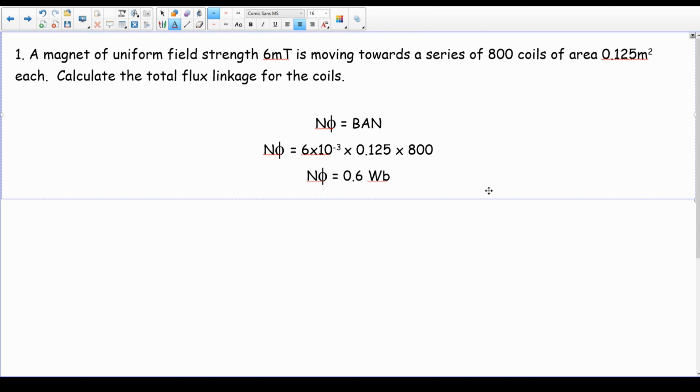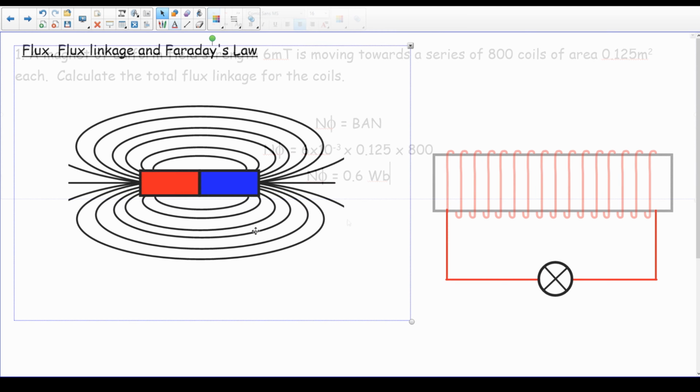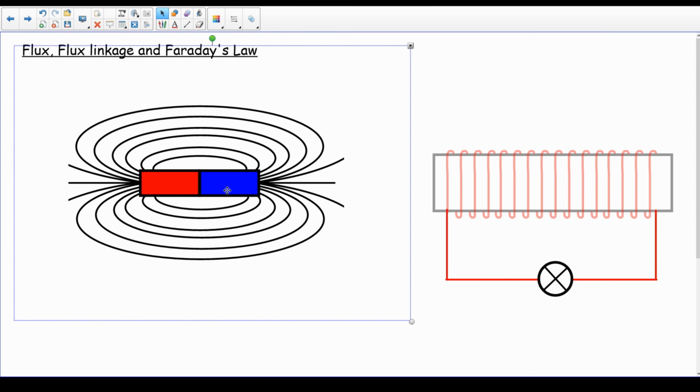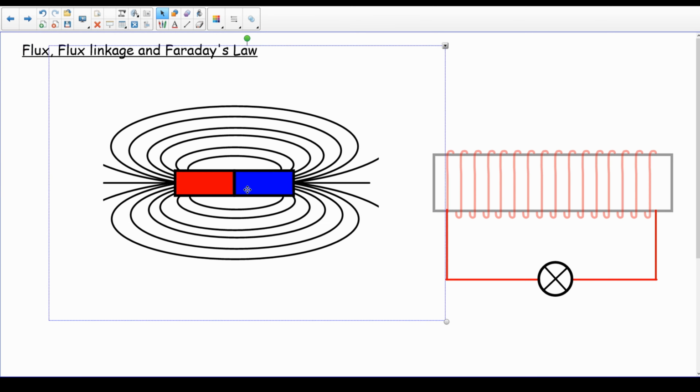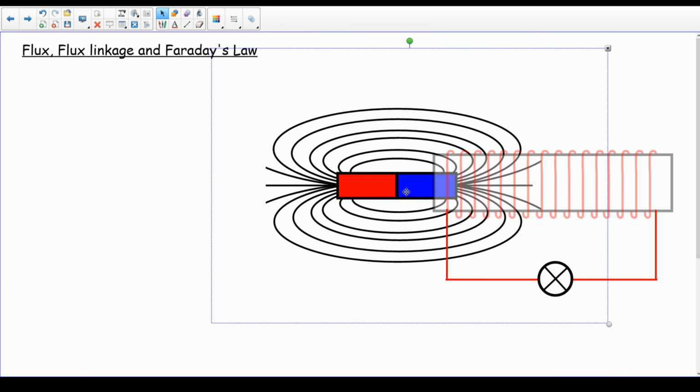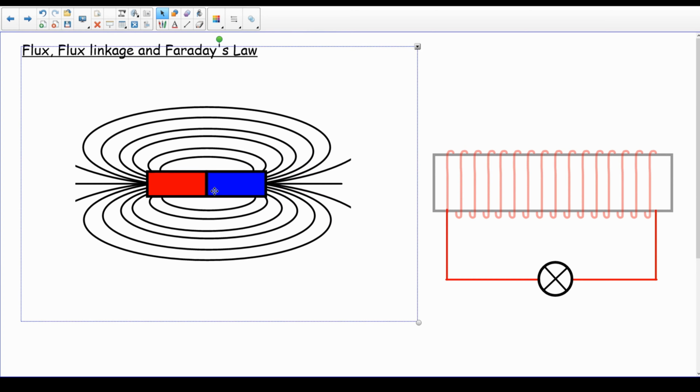All right, and that is wonderful and interesting and great maths, but ultimately still of limited use to us until we put it into our next concept. Remember what we said earlier, that in order to make this little light bulb light up, we're going to have to move this magnet towards and away from this solenoid.